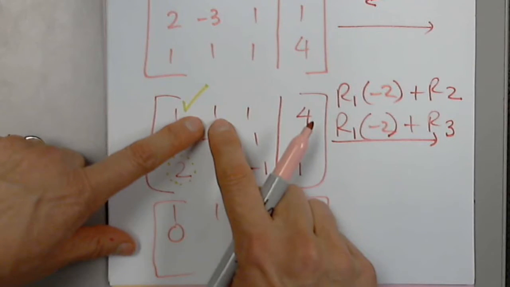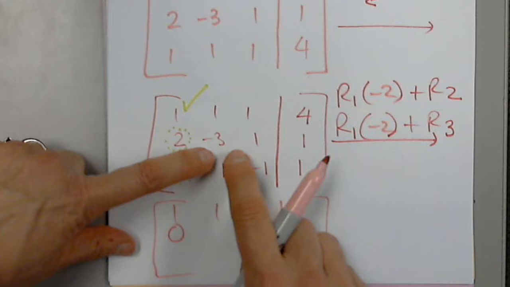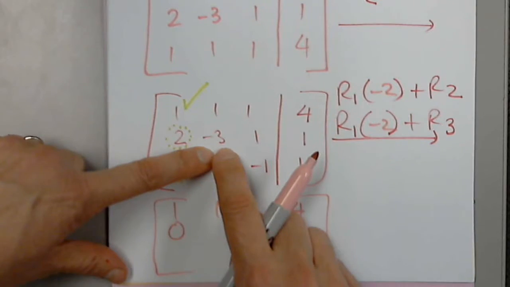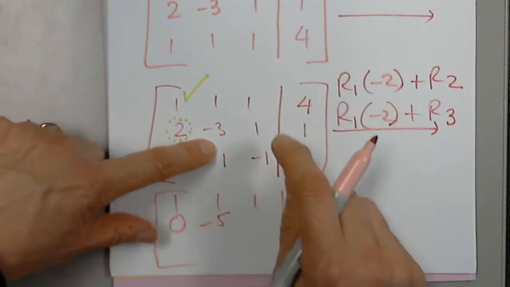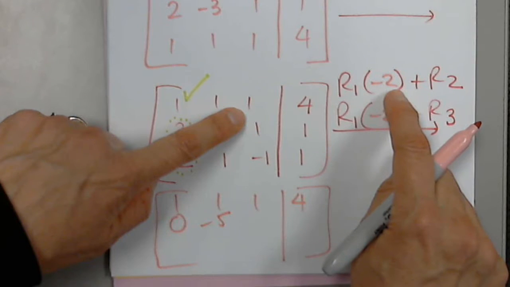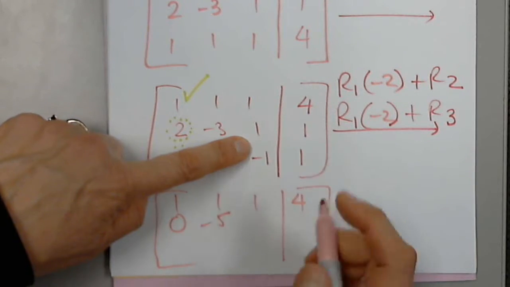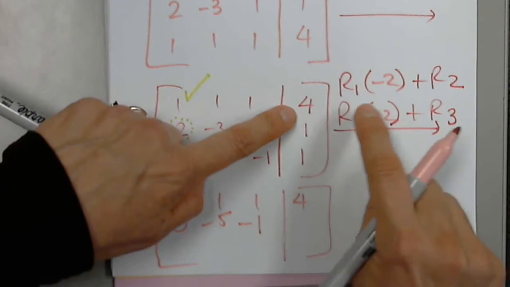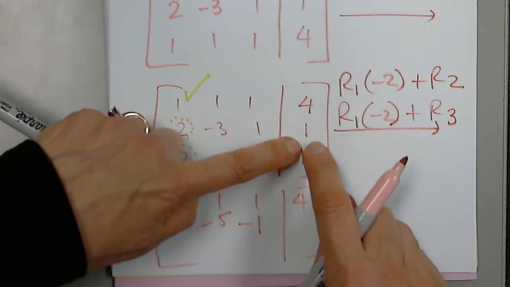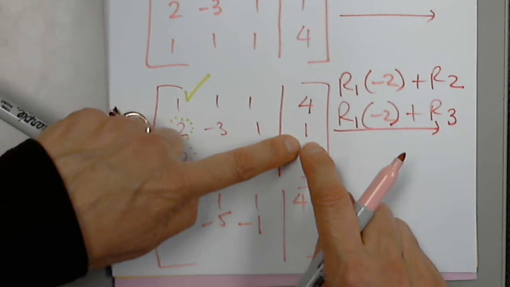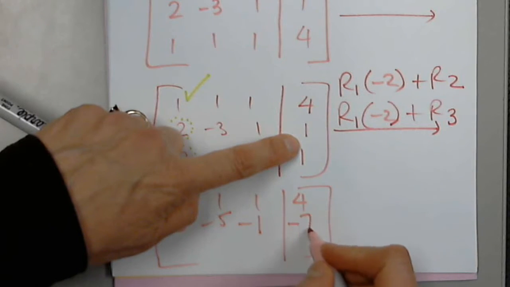Perfect. 1 times negative 2 plus 1. Perfect. 4 times negative 2 plus 1. Very good.